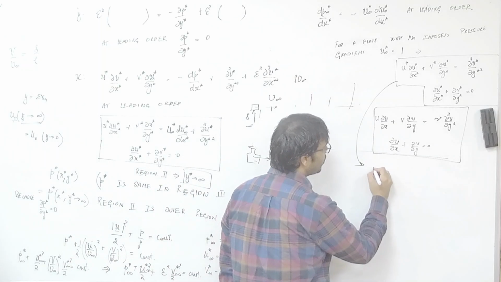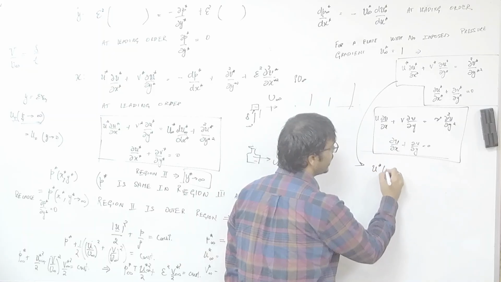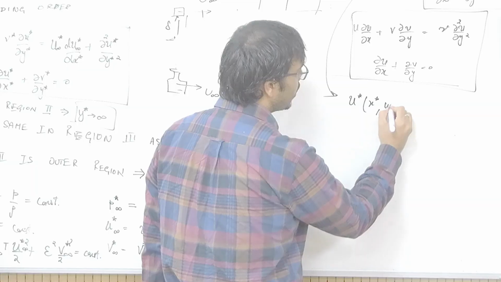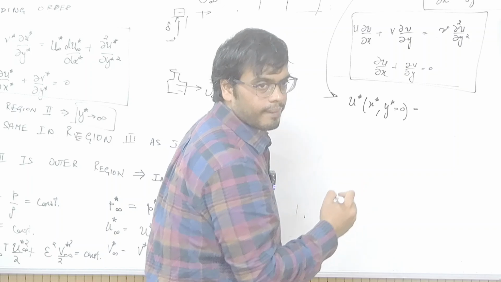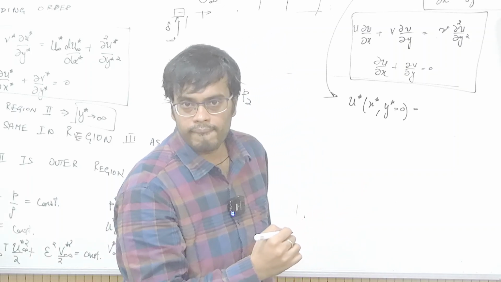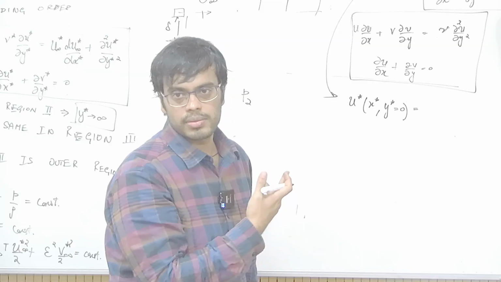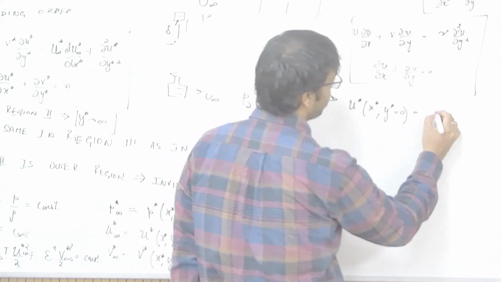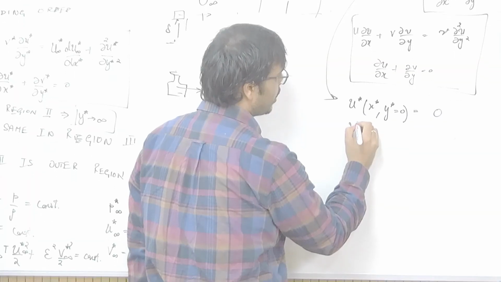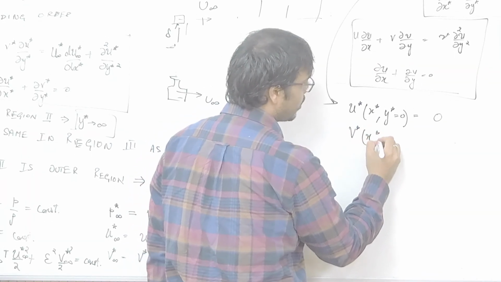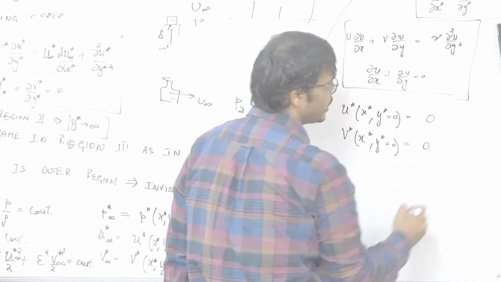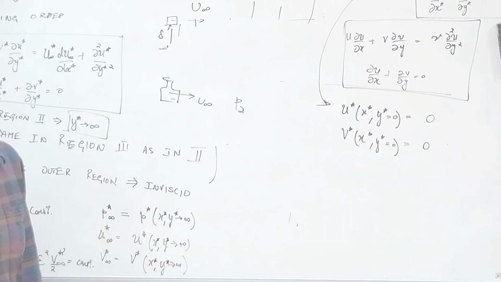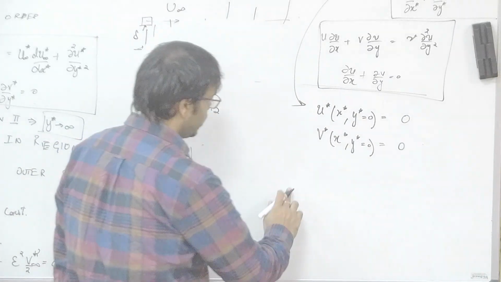So what are those boundary conditions? First of all, u star at any x star, y star equals 0 is what? 0, no slip. We have v star at x star, y star equals 0 as what? 0, hard wall. Okay.